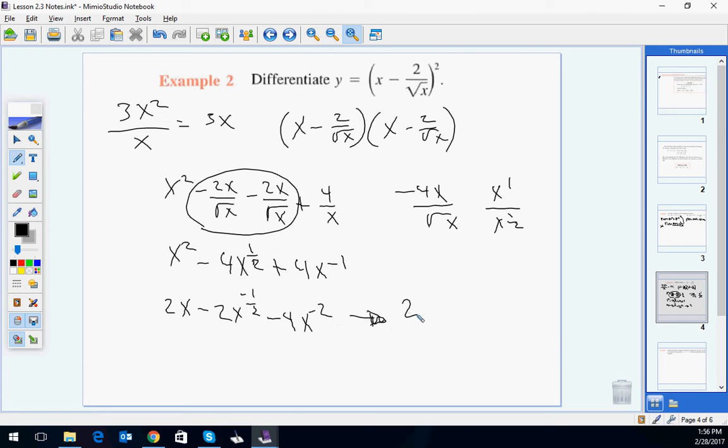So 2x minus 2 over x to the 1/2 minus 4 over x squared is writing with positive exponents. It just got moved down.